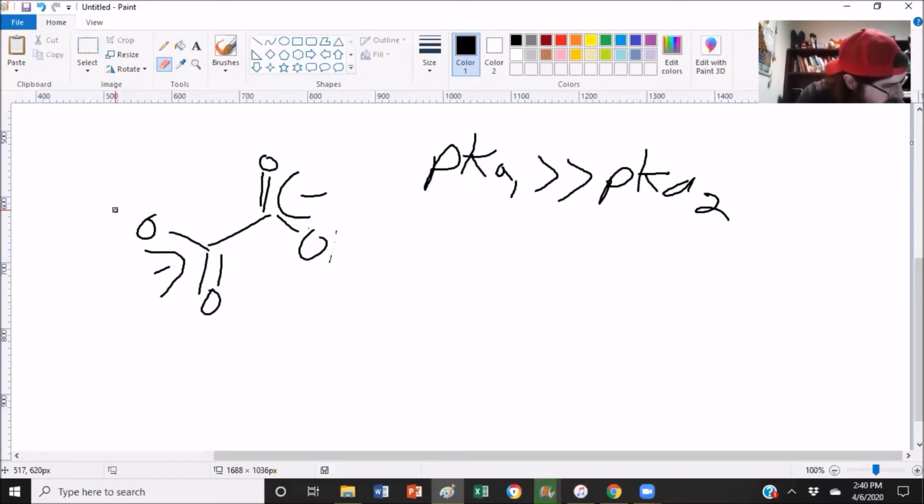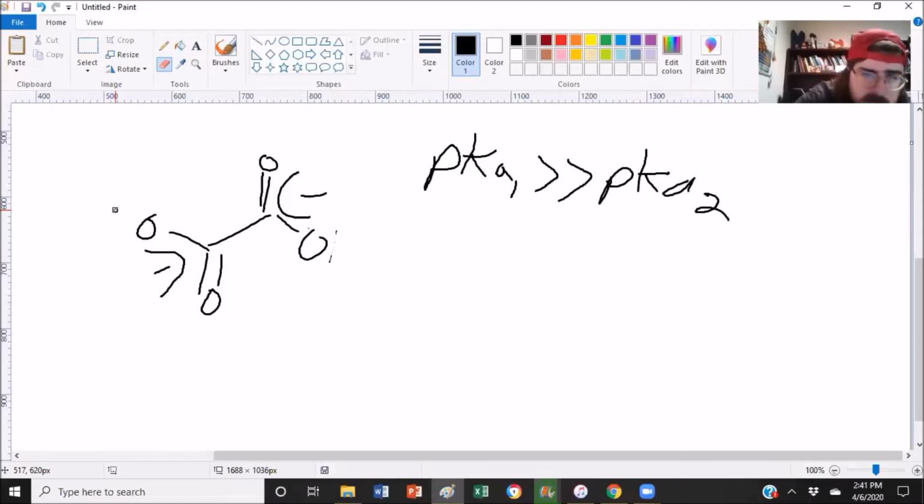Anything that will stabilize the negative charge will make this better, such as electron withdrawing groups. If I put fluorines in there, that's going to pull away the electron density and stabilize these. So if I have fluorines close to these carboxylates, it's going to make it more stable. If we add a lot of them, it'll be more stable and thus more acidic.